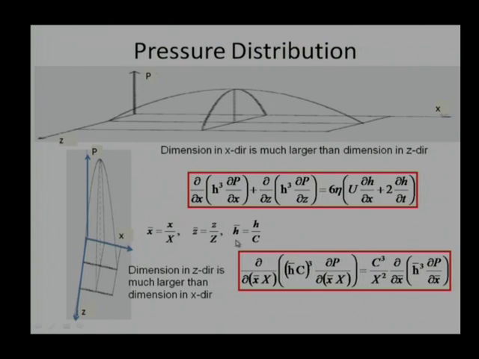Same thing for z: the maximum dimension in z direction is capital Z. The variable z will vary from 0 to capital Z. In that situation, z bar will be 0 to 1.